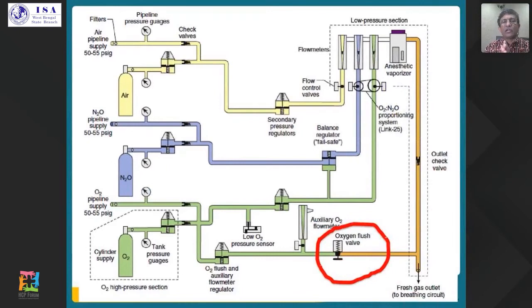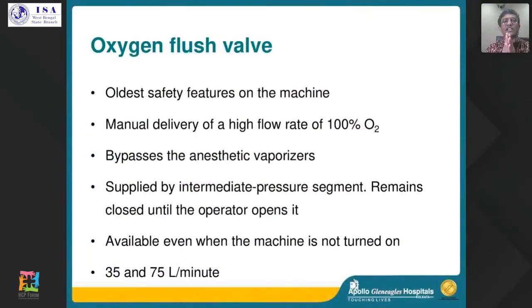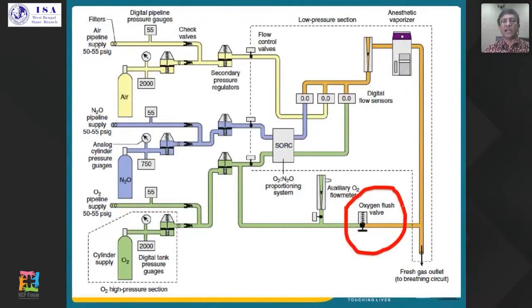Coming now to the oxygen flush valve. And this is where it is located. We saw it in the schematic diagrams previously. It is fed by the intermediate pressure. It is one of the oldest safety features of a machine. It has the ability to manually deliver a high flow rate of 100% oxygen. It bypasses the anesthetic vaporizers, which, as you saw, are in the low pressure section.